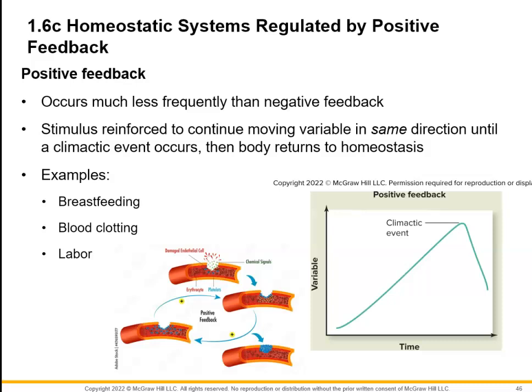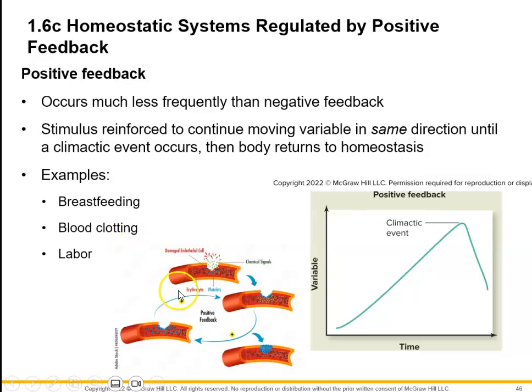Well, oxytocin is the output that's sent to the effector. The effector are the mammary glands within the breast. So oxytocin stimulates the mammary glands to eject the milk out of the breast. Then the baby feeds and the cycle continues as long as the baby is sucking. Once the baby stops feeding, then the stimulus has stopped and the cycle stops.